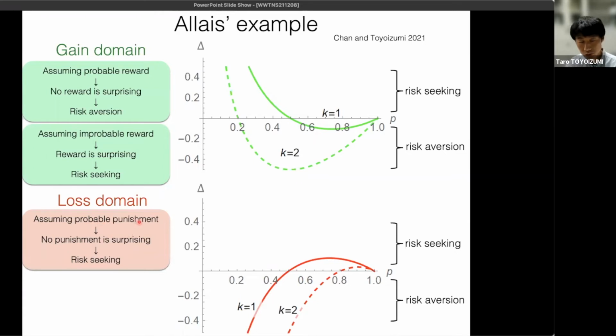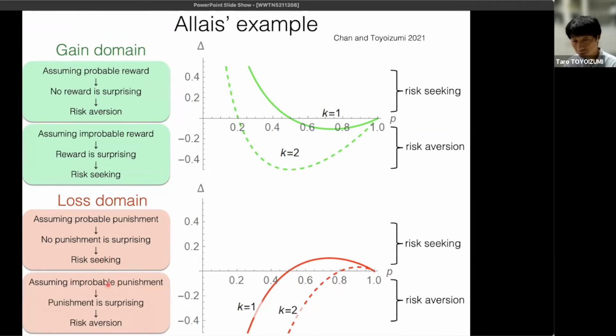Assuming probable punishment and getting no punishment is surprising and increases the value, which leads to risk-seeking behavior. If you assume improbable punishment and get punishment, it's a terrible surprise, which leads to risk aversion. So for this simple model, the predictions are rather similar to prospect theory's predictions, but the mechanisms are different.